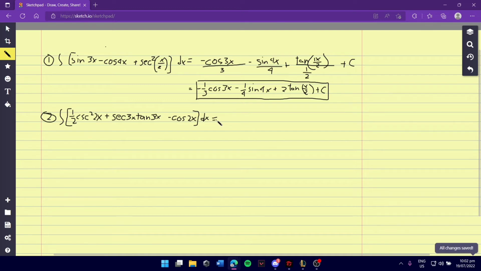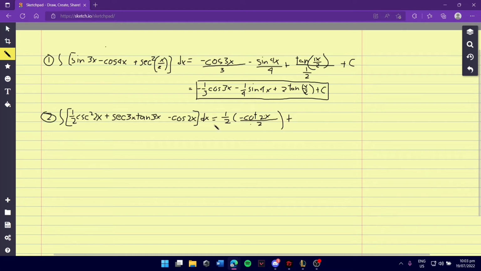So first we will take out 1 half here since this is the constant. So 1 half, then the integral of cosecant squared is negative cotangent. So this will become negative cotangent 2x, divided by 2.